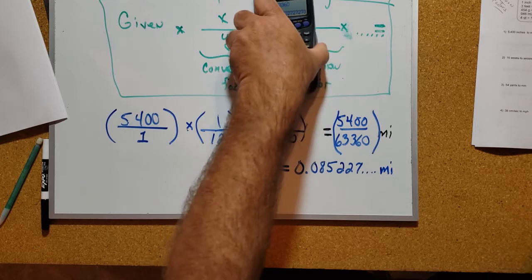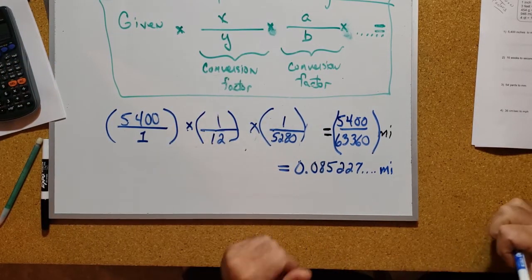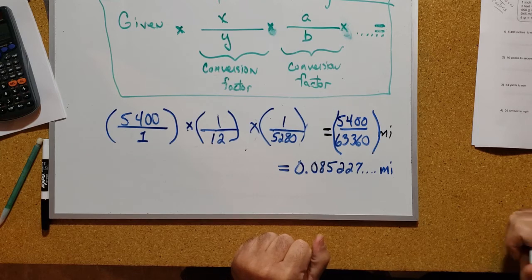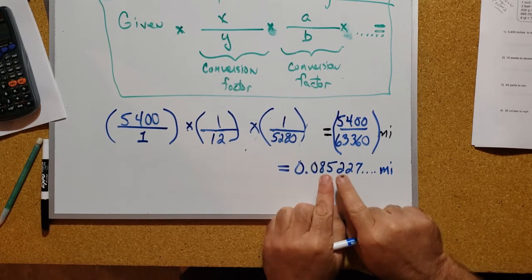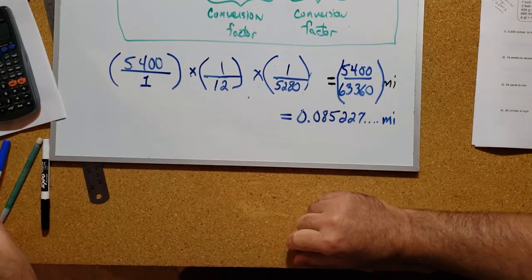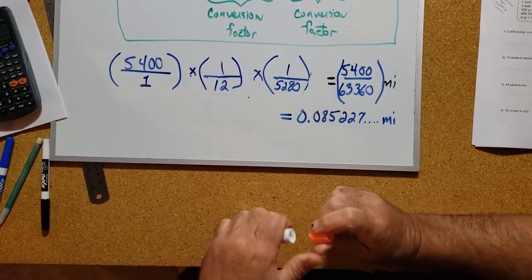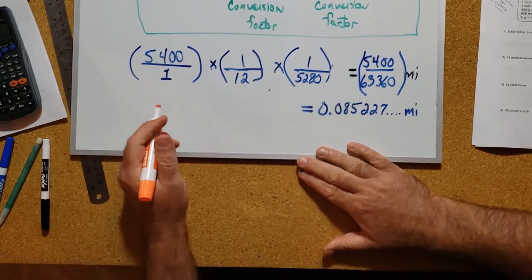Now, the very last little bit is we have to invoke our rules for significant digits. How many of these digits in the answer should we be writing down? Okay, if you haven't written this, well, I'm sure you haven't written this down in your notes, but let's write it down now.